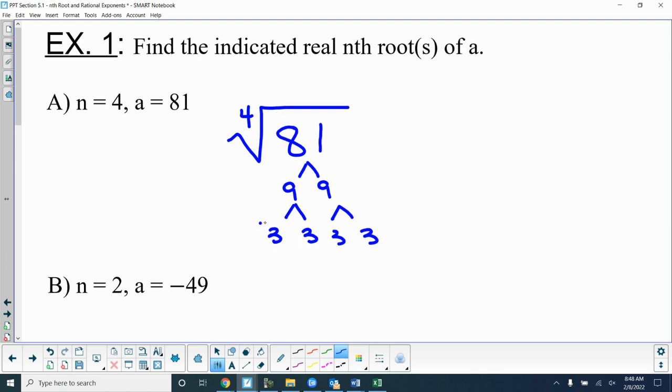So do I have a group of 4? Yeah. So what's that answer? 3. Since it's even, and that's positive, we could say what? Plus or minus. If I did negative 3 times negative 3 times negative 3 times negative 3, I would get a positive 81. Okay?